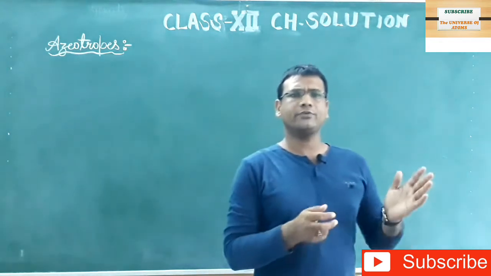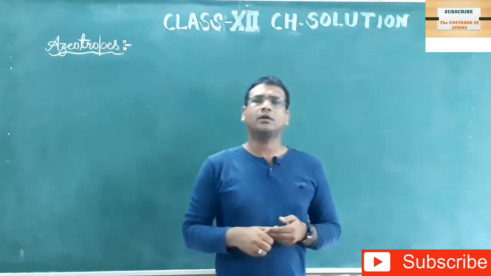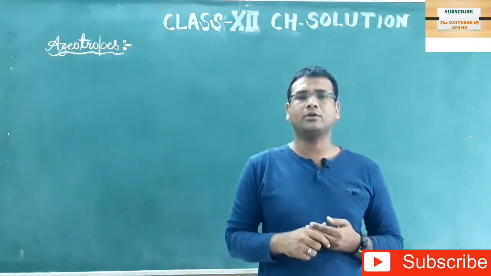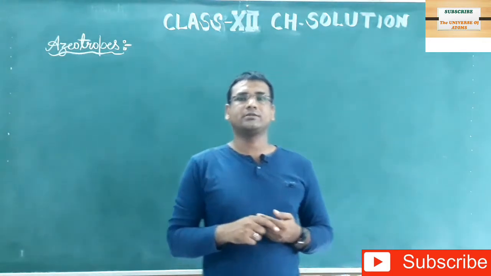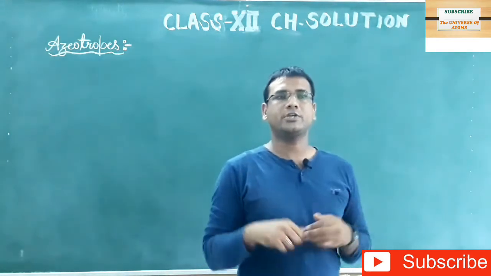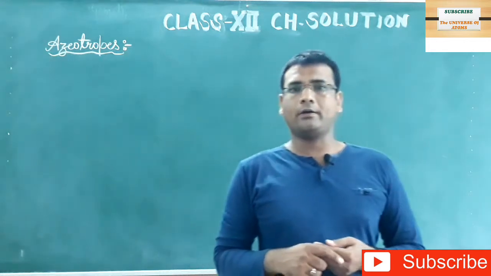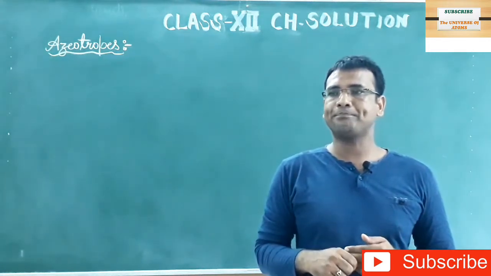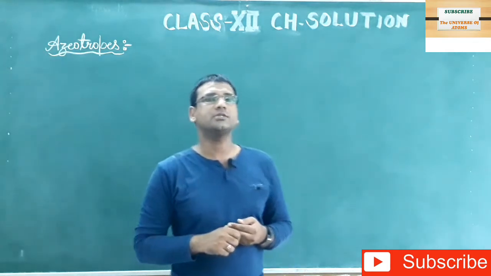This is the very basic definition which we are learning from class 6, 7, 8, 9, 10. But at this level you need a more precise definition, which we will discuss in this chapter. Boiling point means a specific temperature at which any liquid starts boiling.